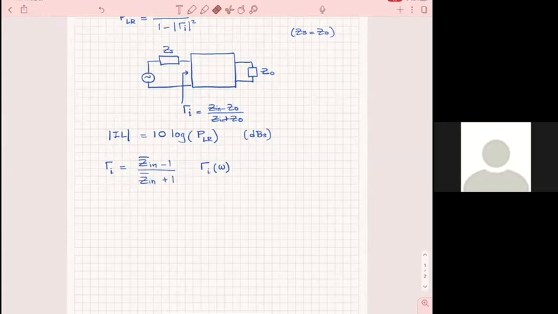So, of course, at the given frequency, this is going to be a number.